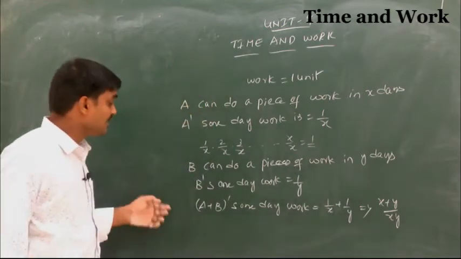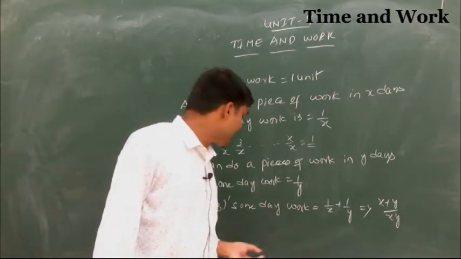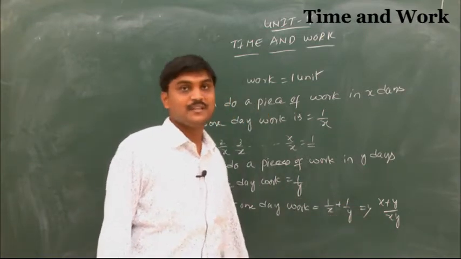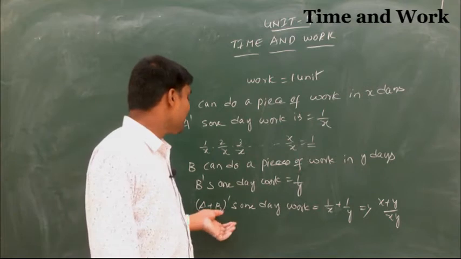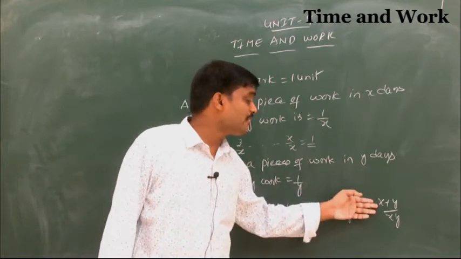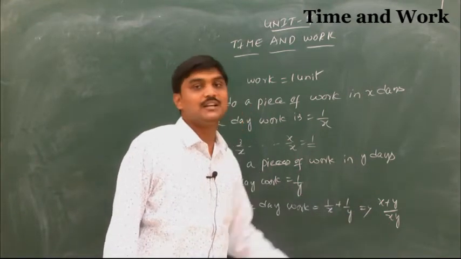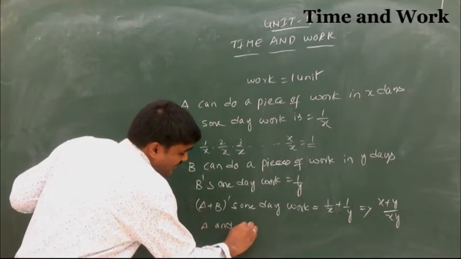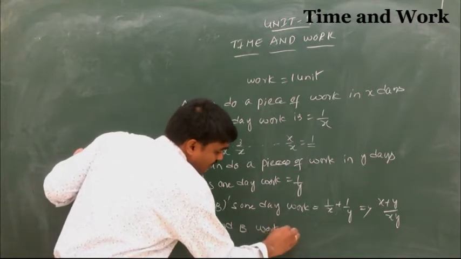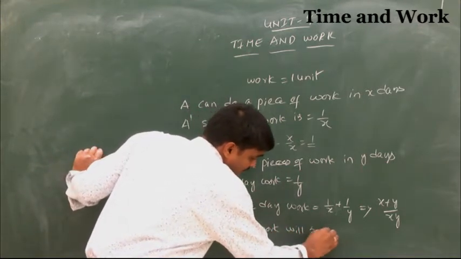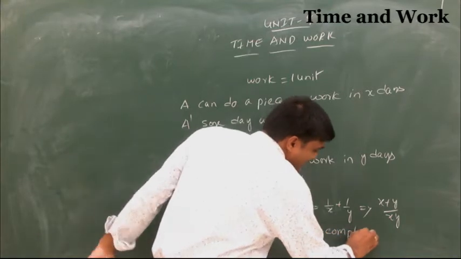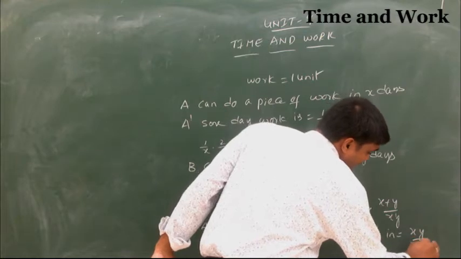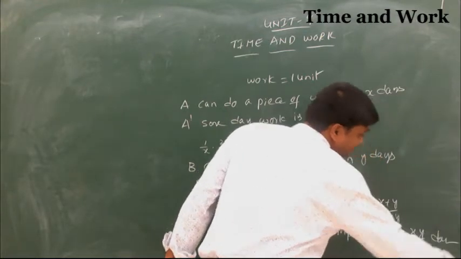That means A and B's 1 day work is X plus Y by XY part of the work will be completed. So A and B's work will be completed in XY by X plus Y days.